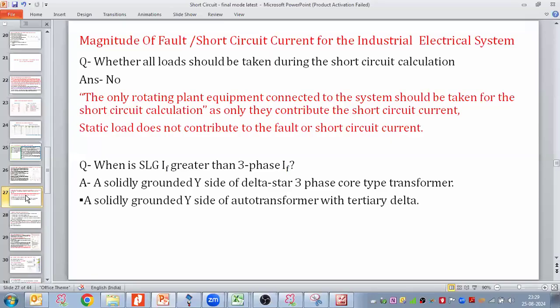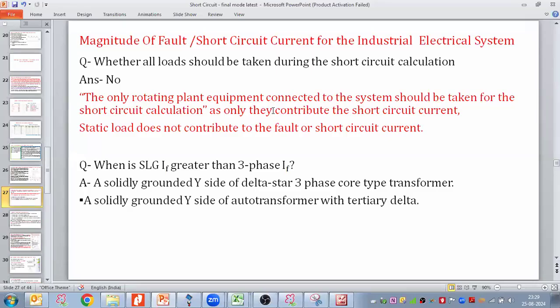The answer is no. Only rotating plant equipment, meaning generators and motors, connected to the system should be taken, because they contribute short circuit current. Static loads do not contribute to the fault or short circuit current.